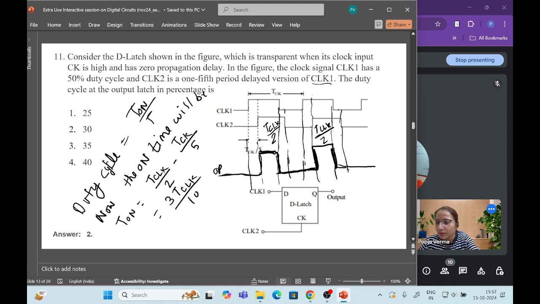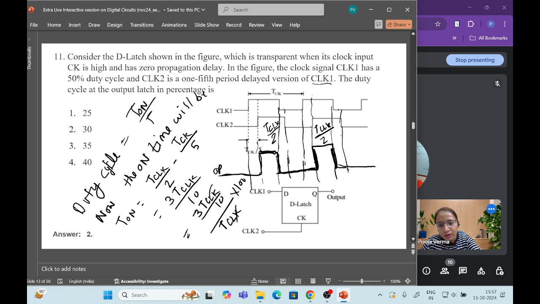So the duty cycle is T on divided by T, right? T on is 3 T clock by 10, divided by total time duration T clock, into 100, because they have asked the duty cycle at the output in percentage, right?